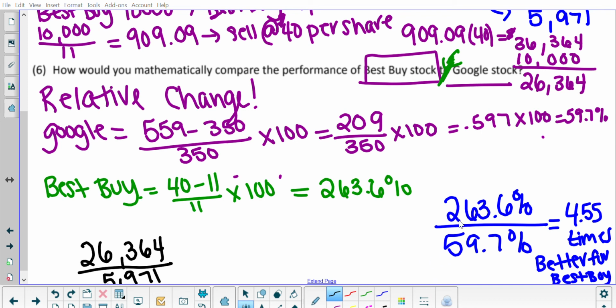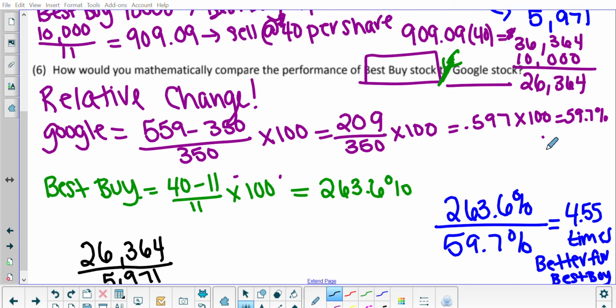26364 divided by 5971. Oh, let me redo that. 26364 divided by 5971. I get roughly 4.4. Okay, it's close. We have some rounding errors, okay?